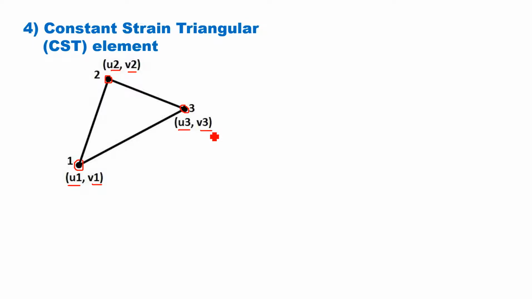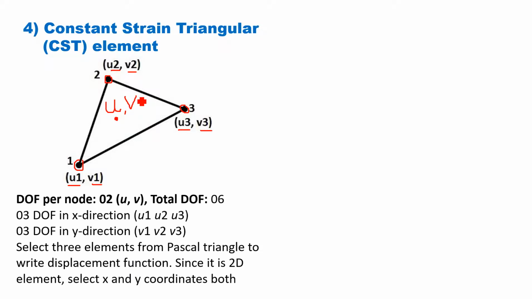Now remember, since it is a two-dimensional element, displacements are in two directions, x direction and y direction. So if you select any point on this triangle, displacement of this point in x direction is represented by u, and displacement of the same point in y direction is represented by v. So we have to consider the degrees of freedom in x direction and y direction separately, because it is a 2D element having two displacements u and v.